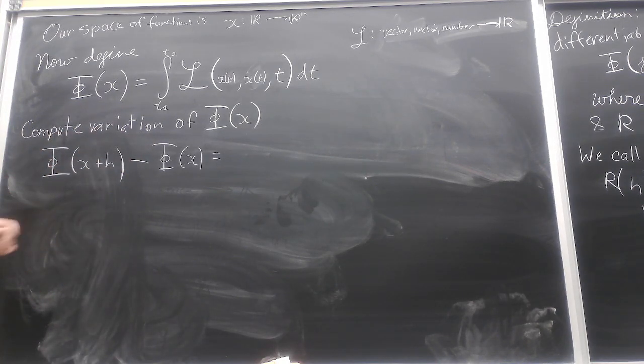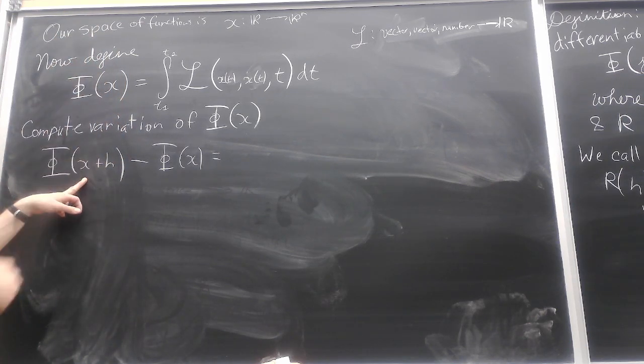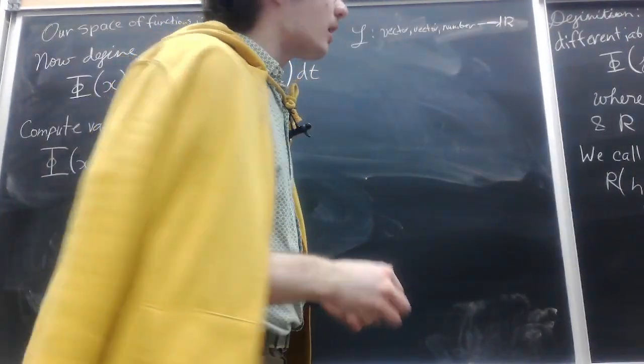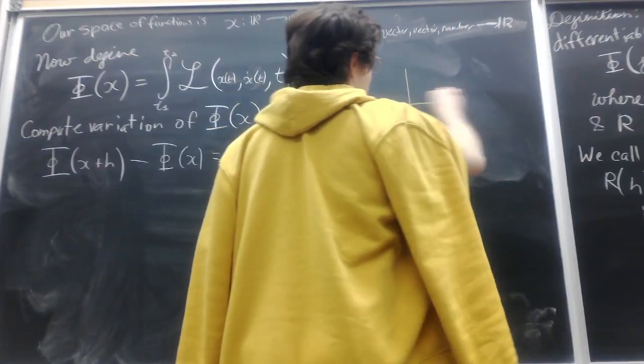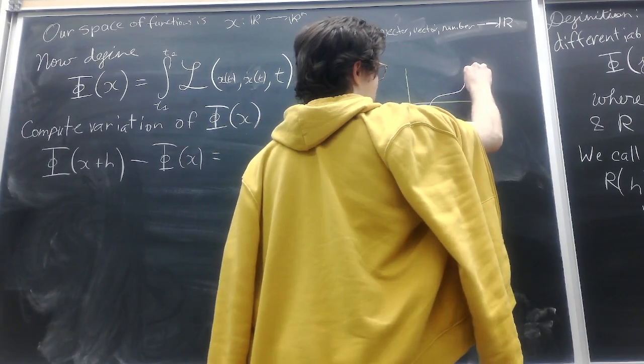So we're starting at some point x, and I'm saying if I add a little path to it, like perturb my path a little bit, then what is h? What's the picture? I have some kind of path that's parameterized by t.